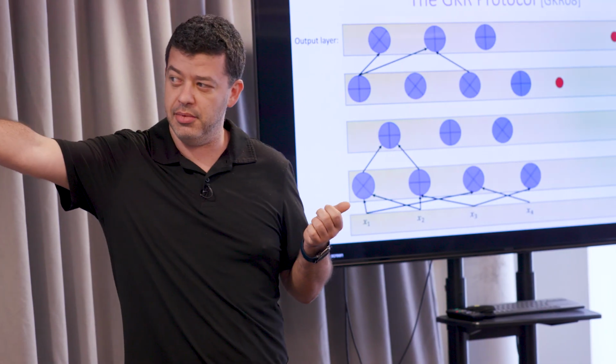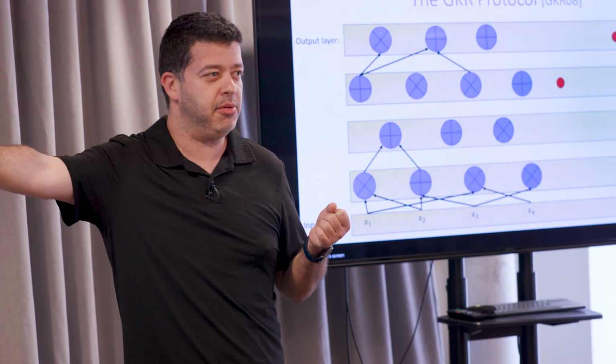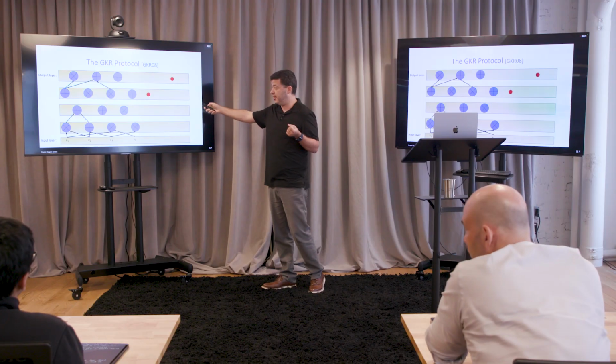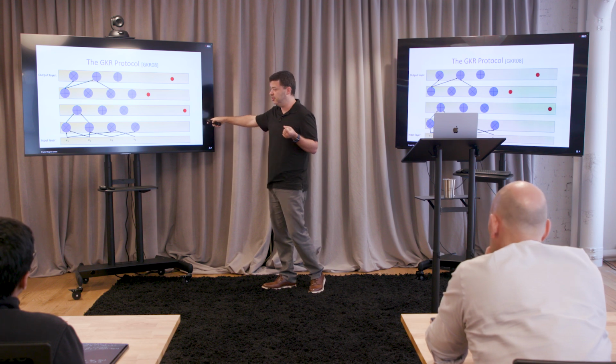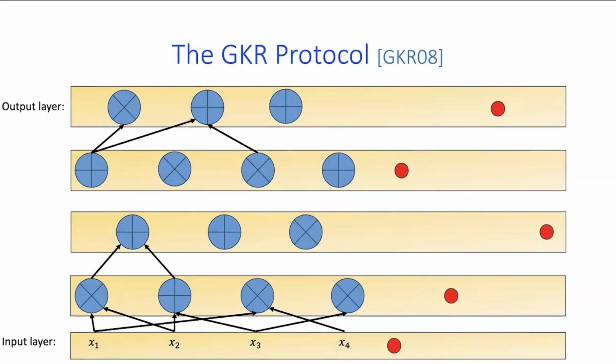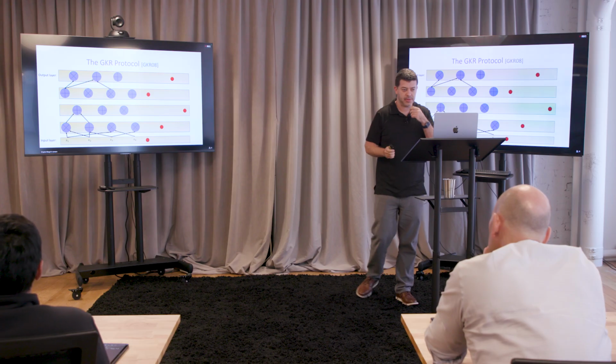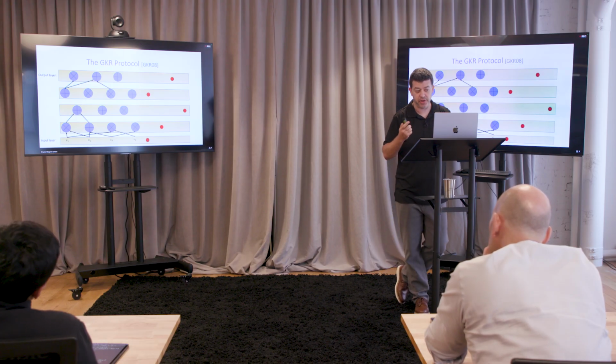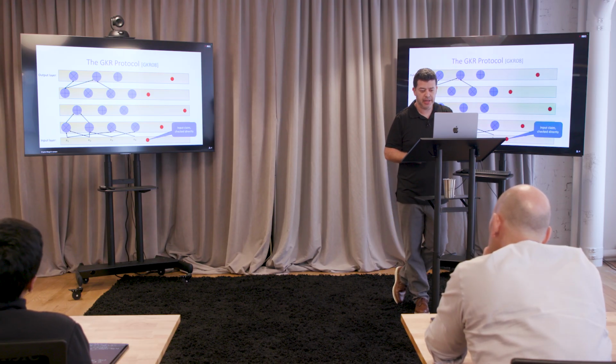So I've managed to go from a claim about the red dot here to a claim about the red dot there, but then I could do this again and get a claim over here, and a claim over there, and eventually a claim over there after I do this for these steps. And the claim that I get about the input layer, I as a verifier know the entire input, so I can verify it myself. OK, so that is the structure of the original GKR protocol.